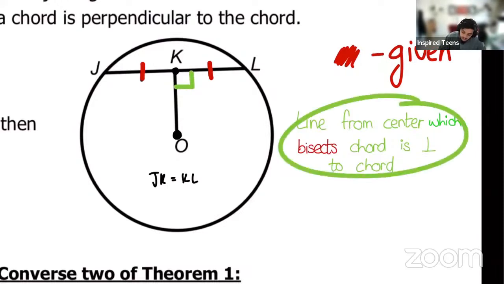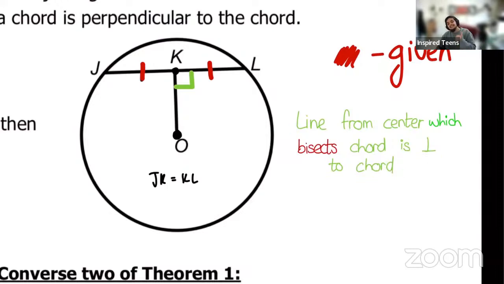Here's the reasoning: a line from center which bisects a chord is perpendicular to the chord. So if it bisects the chord, then 100% of the time it is also perpendicular to that chord. Is this thing skewed? It is skewed. If a line from the center touches a chord and bisects it, you should know that it's also perpendicular.